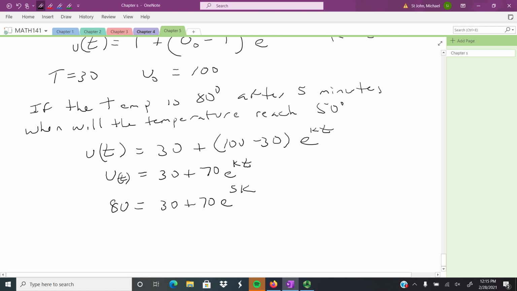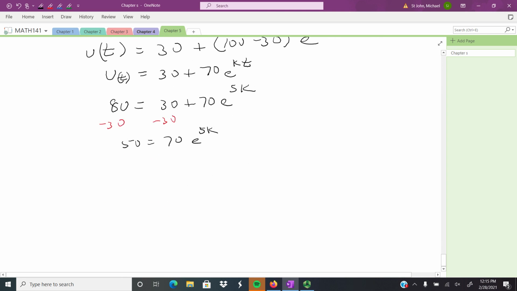And again, we want to solve this, so now we can first subtract. So 50 equals 70e to the 5k. And then we can divide. So 5 over 7 equals e to the 5k.